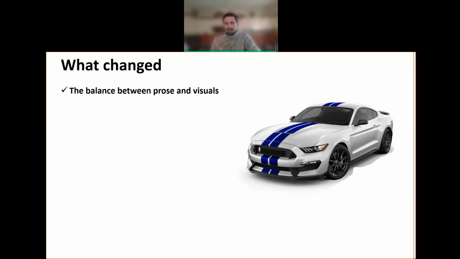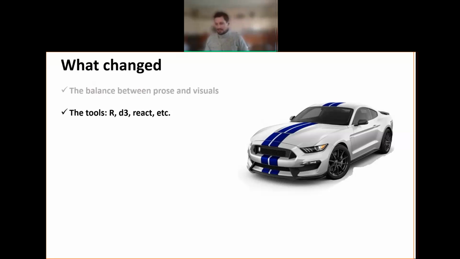So the visuals are still self-contained and you get a lot of information, but adding those blocks of prose back gives you the opportunity to provide broader context or go deeper on a specific point in addition to the chart. So the balance has changed, but I think that the 2020 version reached a nice trade-off between both approaches.